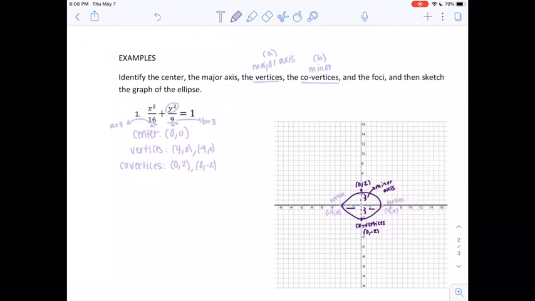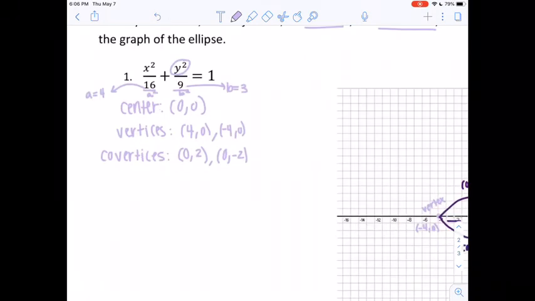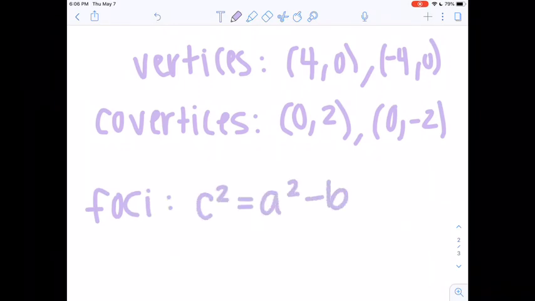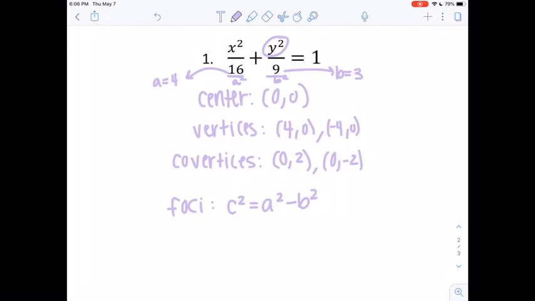And now I need to find the foci. Okay, so the center is the midpoint between the two foci. So I'm going to use the formula c squared equals a squared minus b squared. Now this is why it's important to know that a is the bigger number, because you need to plug it in properly to this formula.